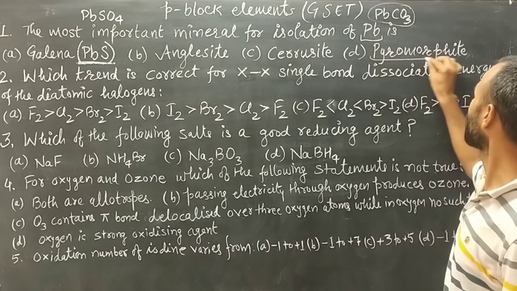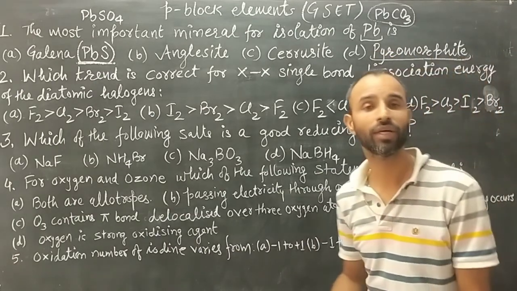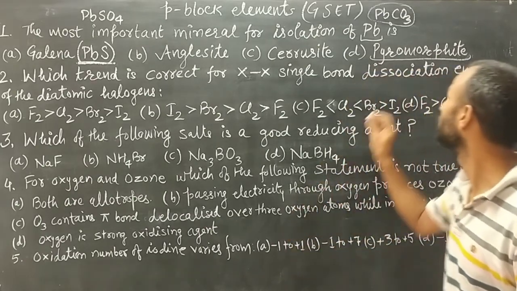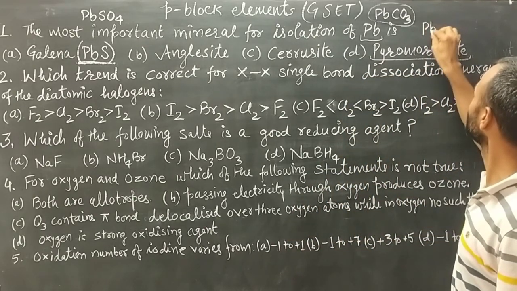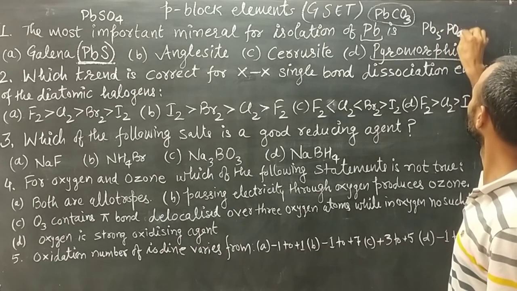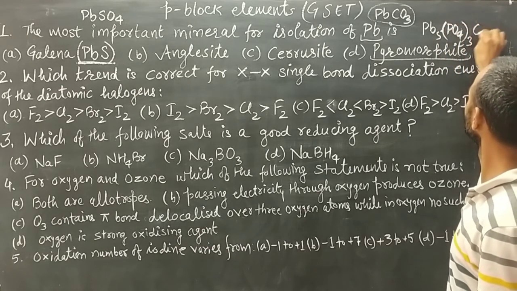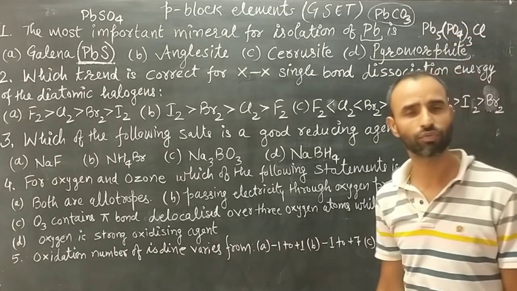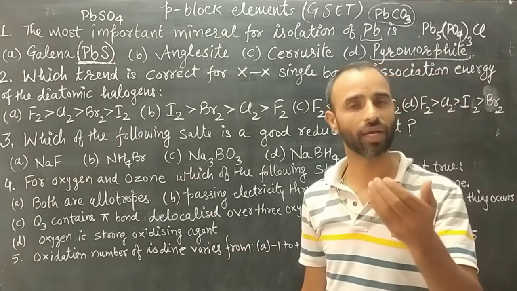And pyromorphite, this is actually lead chlorophosphate. Okay, and this one is Pb5(PO4)3Cl. This is also found locally as an ore.